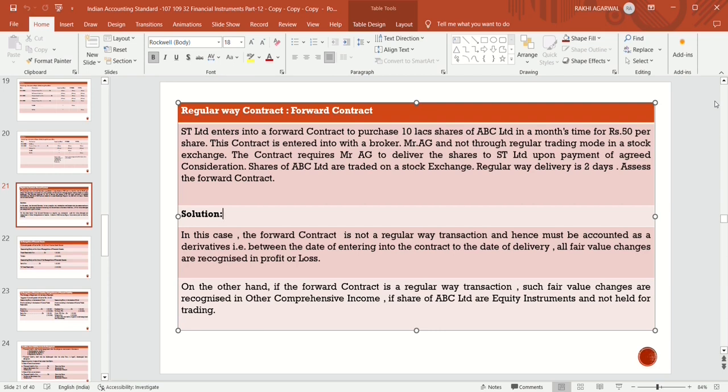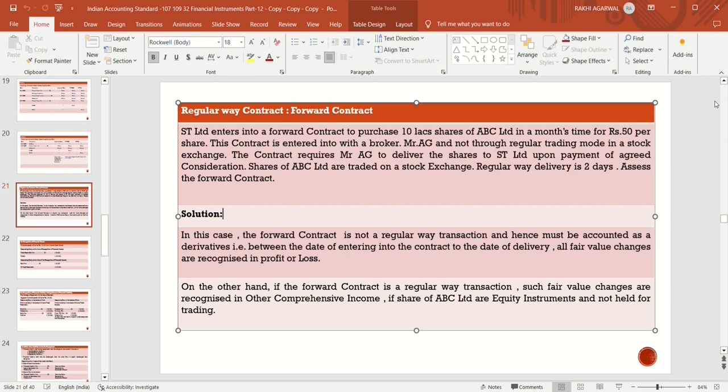But this is not a regular way of transaction. This is a forward contract, hence it must be accounted as a derivative, because the time period between entering the contract and the delivery of the contract is almost 1 month.